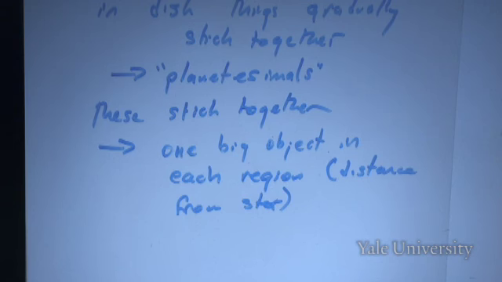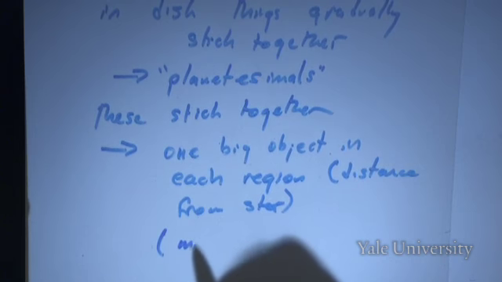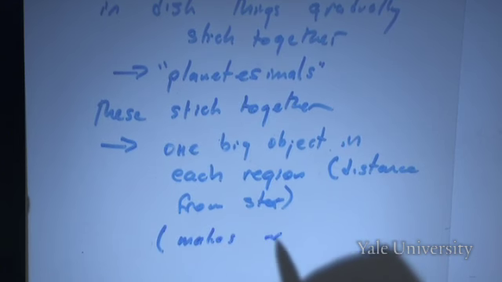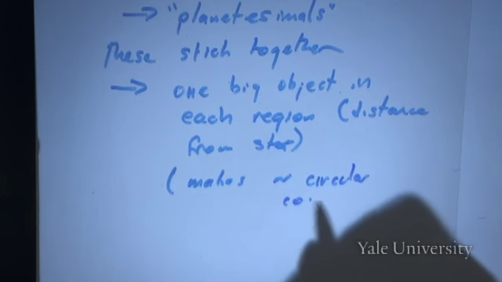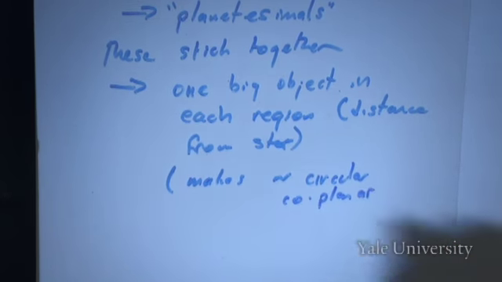Similarly, some of the objects will be going up out of the plane of the solar system, some will be going down, but you'll run them together and they'll all end up with kind of similar circular coplanar orbits. So that's good, because that's one of the things we're trying to explain.